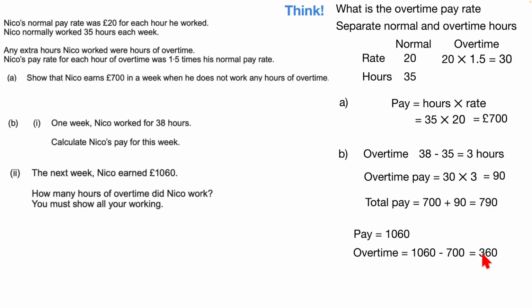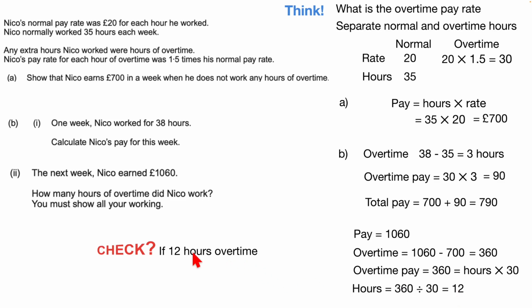He gets 360 pounds of overtime. And if you remember, his overtime pay equals his hours of overtime times 30. So each hour of overtime he gets £30 and he's earning 360 pounds of overtime pay. So we divide 360 by 30 and that's equal to 12.